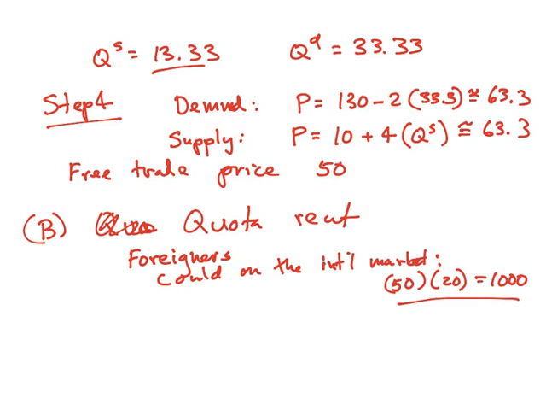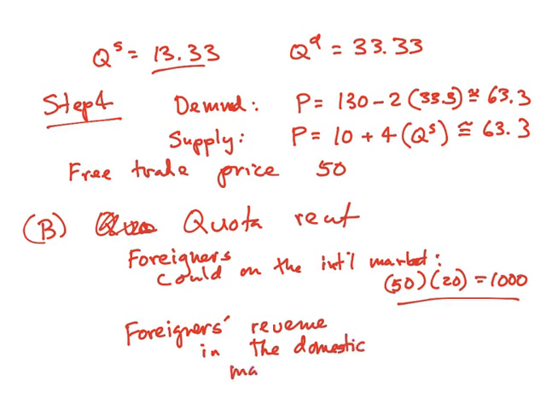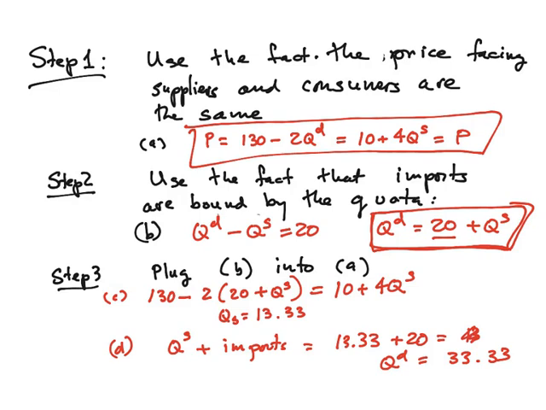Now domestically, the price has risen. So let's look at the foreigners' revenue in the domestic market. For selling these same 20 units, well, the price is 63.3.